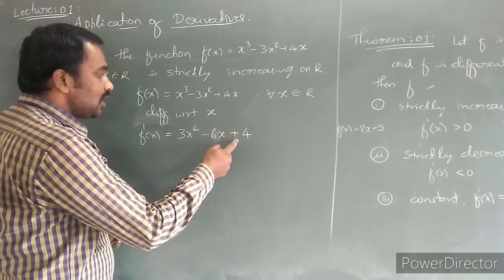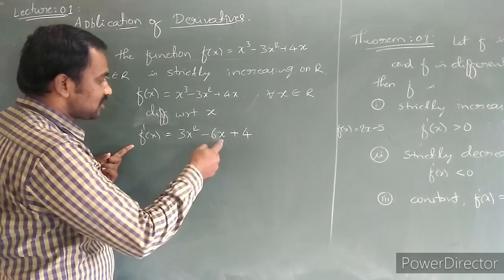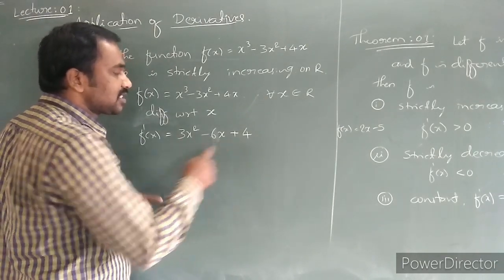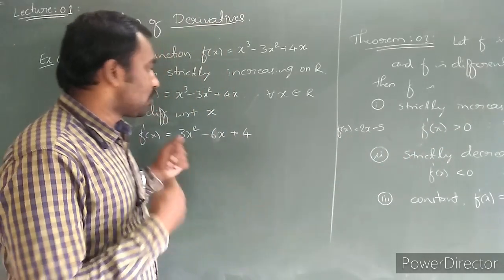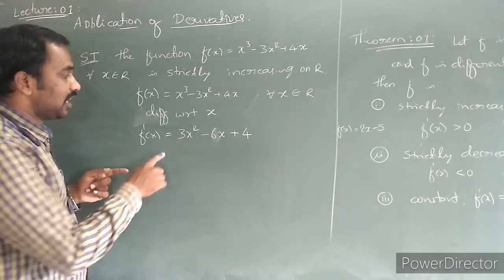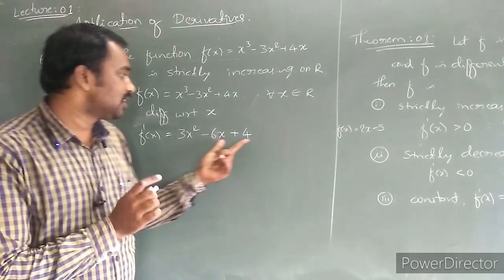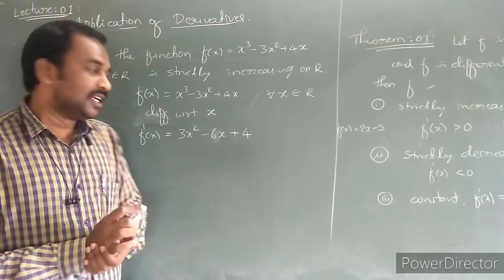Now I need to conclude that this value, 3x square minus 6x plus 4, is a positive quantity for all real numbers. Can we say directly that it is positive for all real numbers?